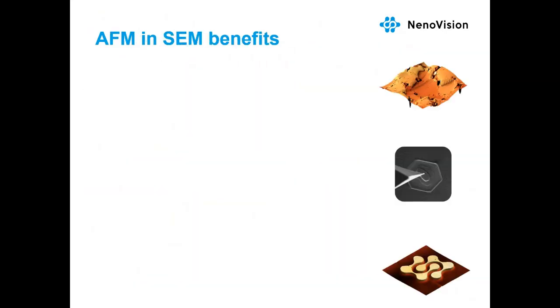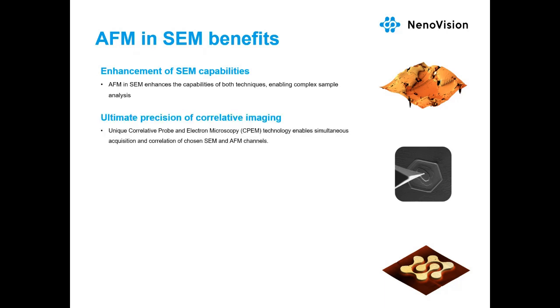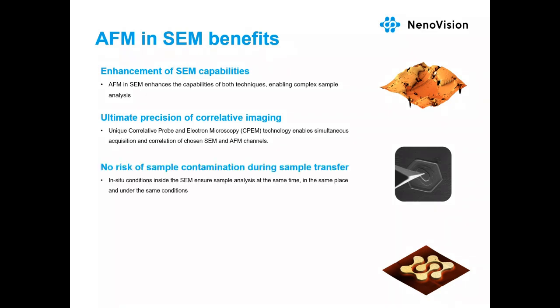So with that, I would like to conclude the benefits of AFM in SEM. First of all, we are extending or enhancing the SEM capabilities. We are bringing the AFM possibilities to the SEM. We offer the ultimate precision of correlative and complex analysis using this approach.